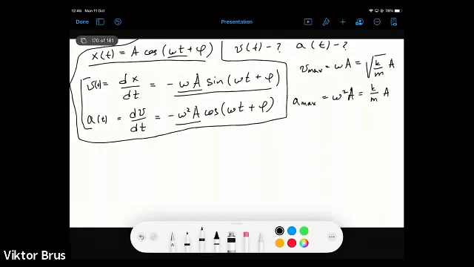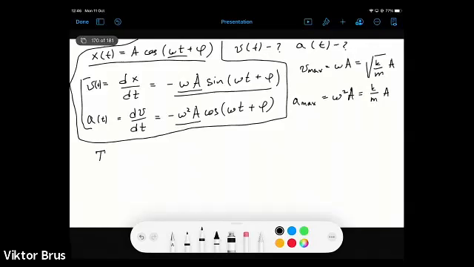So there is another parameter which we should highlight, and this is the period of this motion. Period is capital T, and this is the time interval during which the particle goes through the whole cycle.